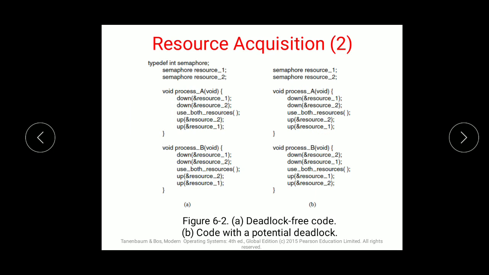This can happen for deadlock-free code and also for code with potential deadlock. These two codes can be used further using classes, A class and B class. The first condition can be deadlock-free code, that is, how resources can be used for two resources without deadlock. Further, they have continued with the B type, using code with potential deadlock.